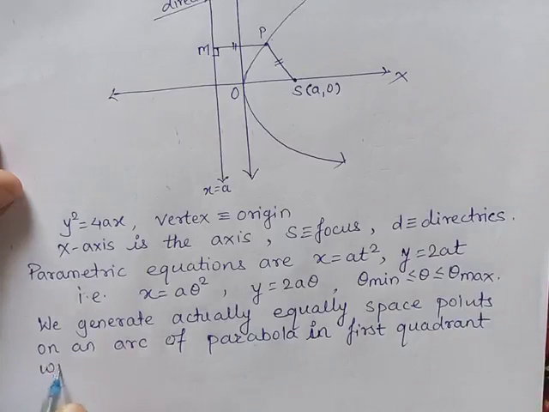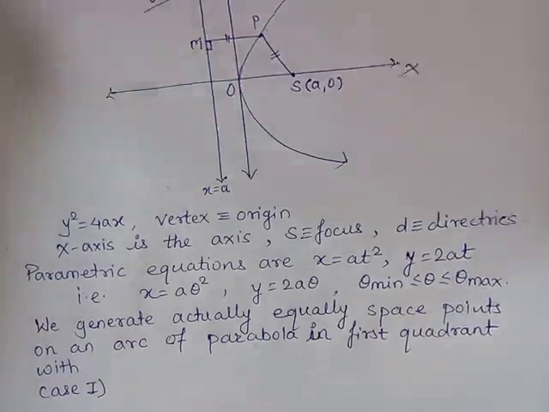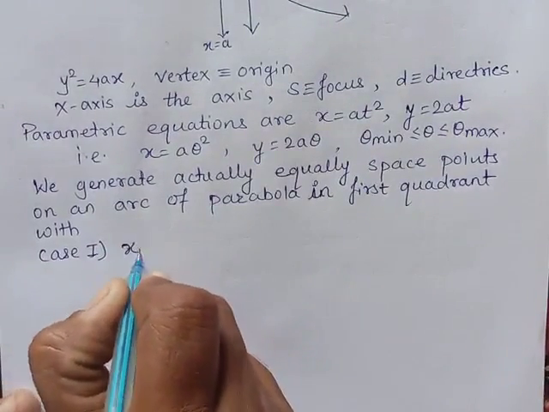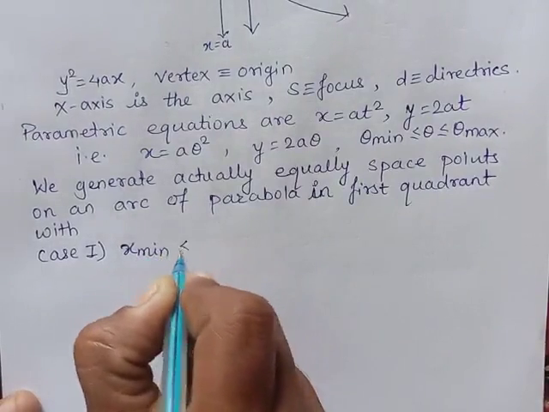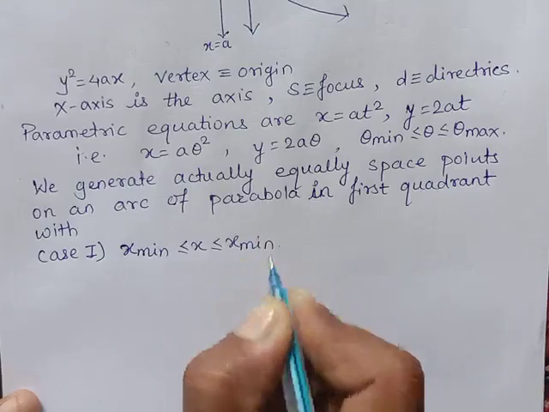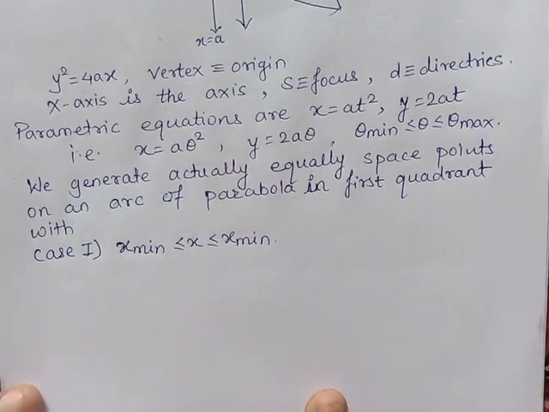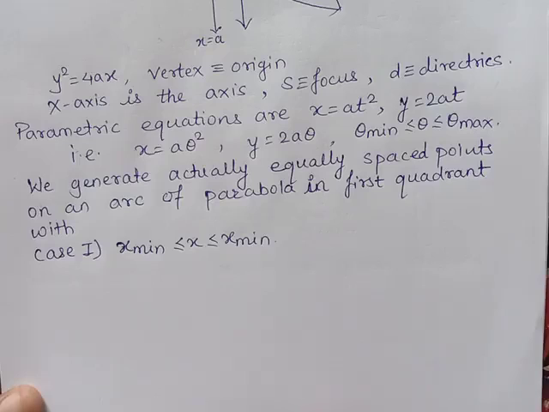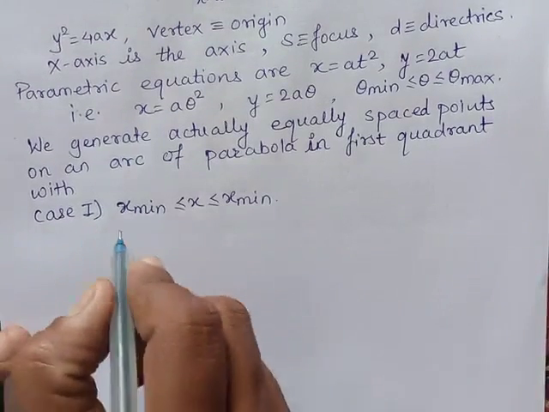With some cases. Let me take case 1. Case 1 is about the range between x: x minimum and x maximum are given to us, and in between that we have to determine some equally spaced points on the arc of the parabola.